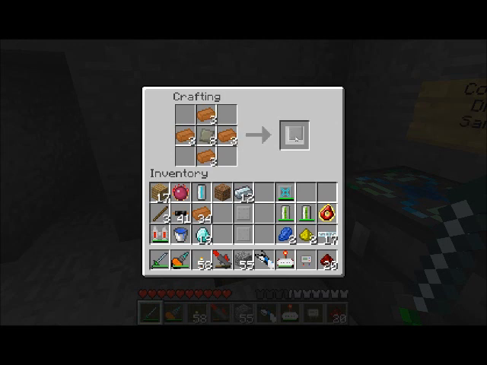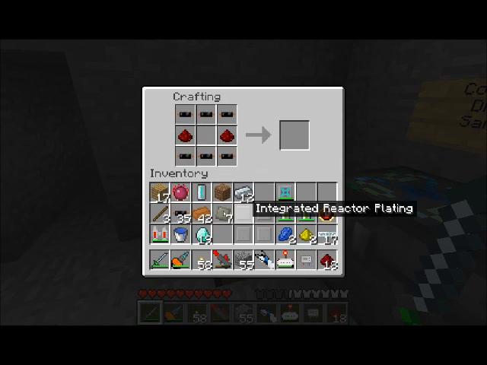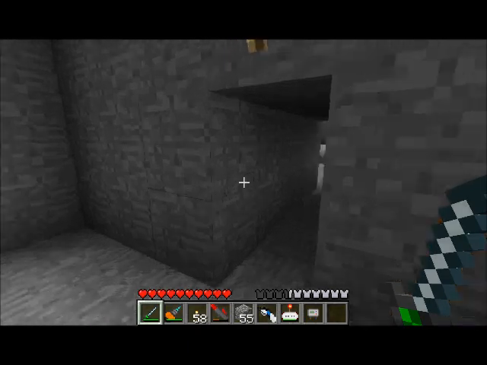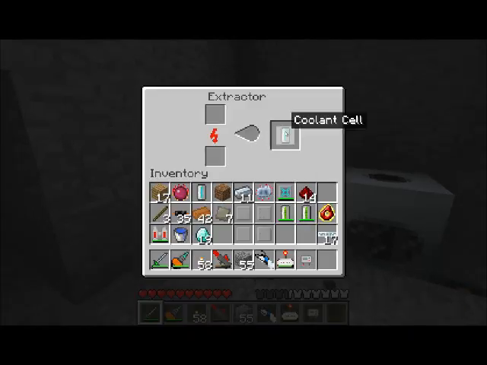Why is he building more reactor platings? Good question. I'm also going to need an advanced circuit. I'm going to need one more coolant cell than I have on me.